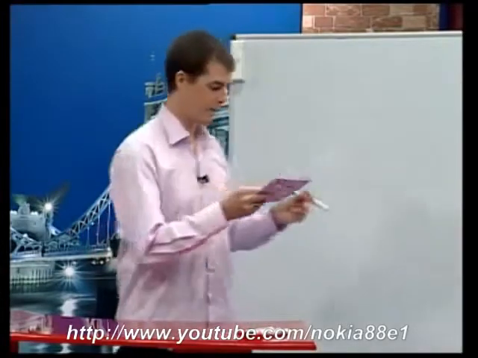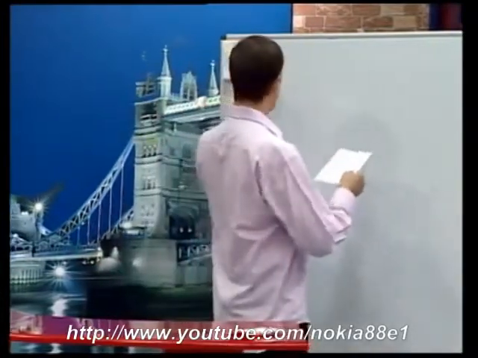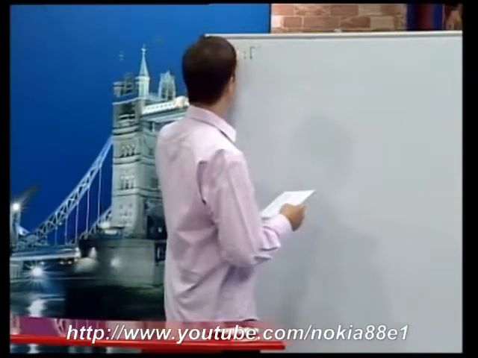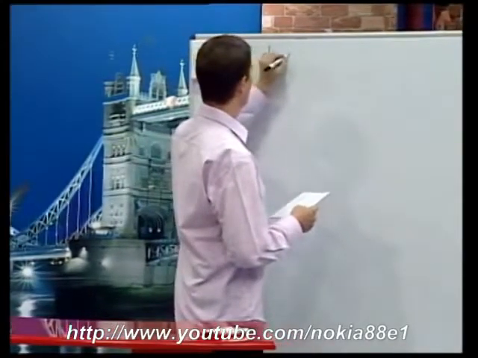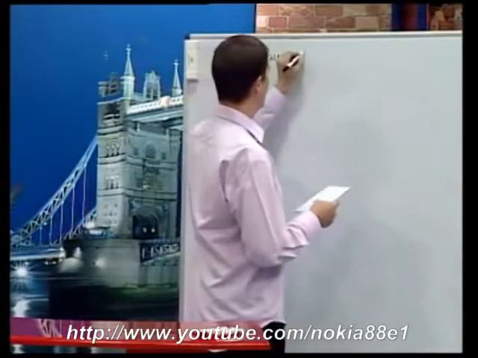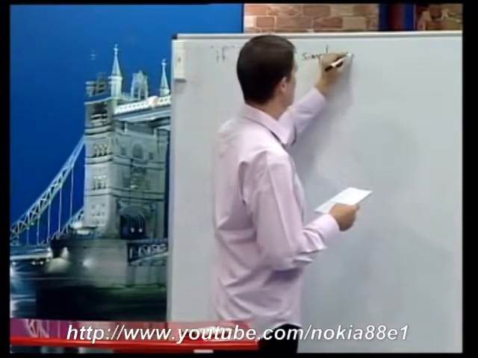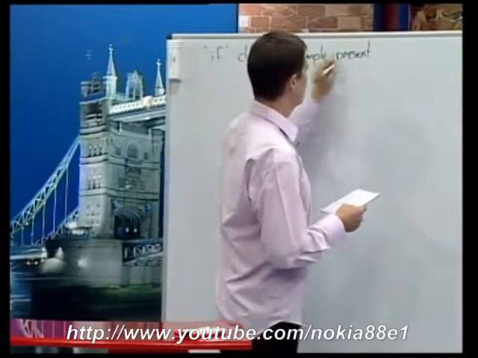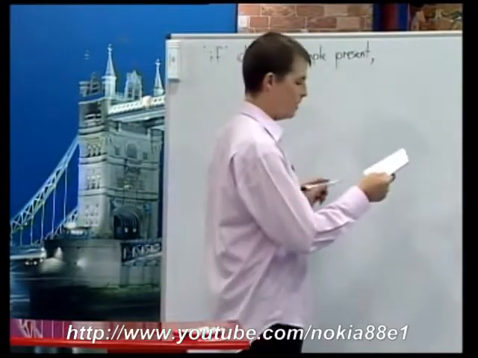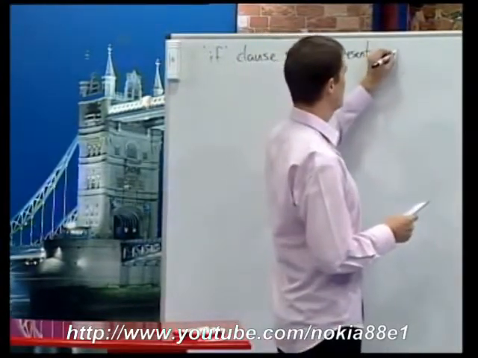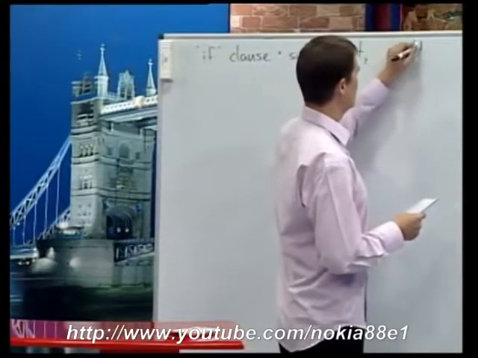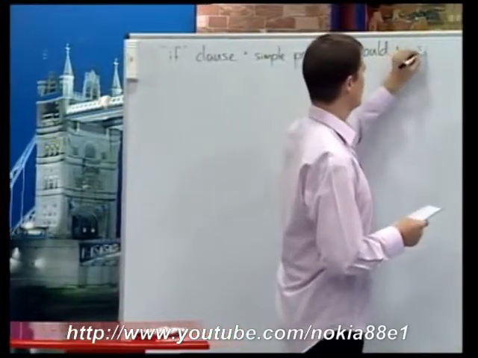So to make the second conditional, we use this formula. We have the if clause plus the simple present. Then we have the result clause, would plus simple form.